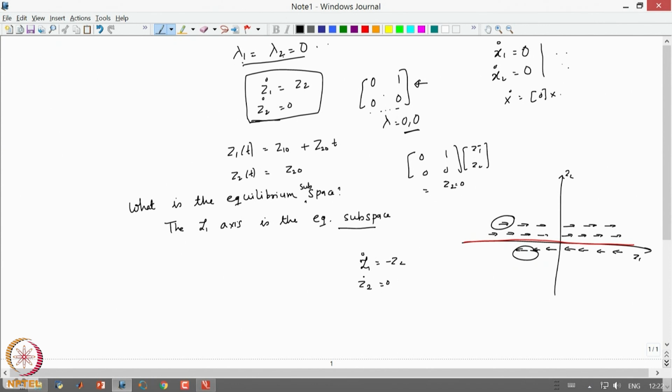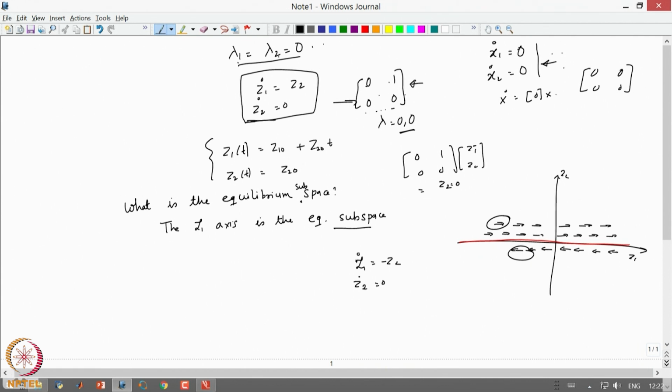When the algebraic multiplicity is equal to the geometric multiplicity, the Jordan form simply has this form, and the equilibrium subspace will have dimension 2. Whereas in this case the Jordan form takes a form like this, and you will have solutions or the phase space given by this set of equations.